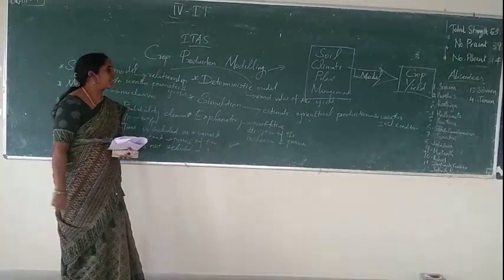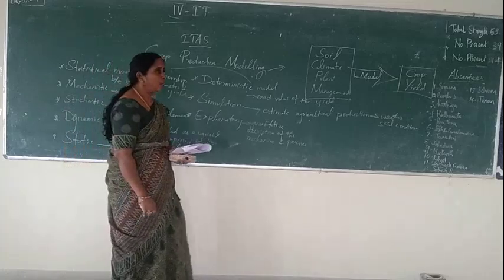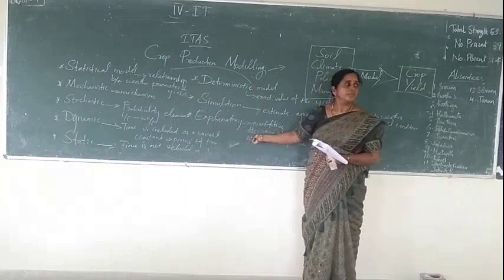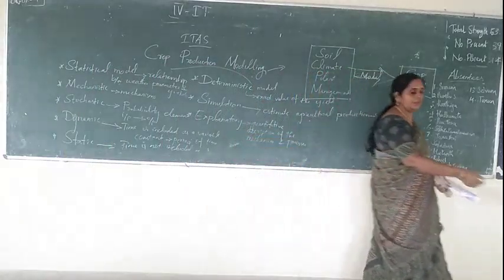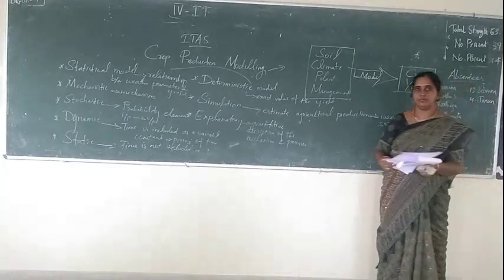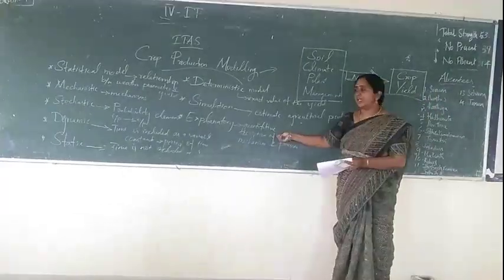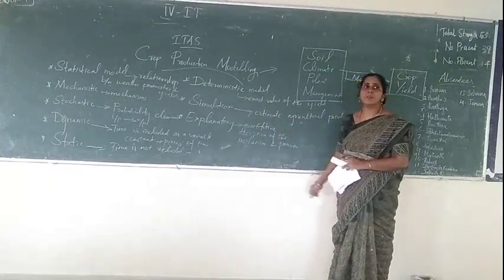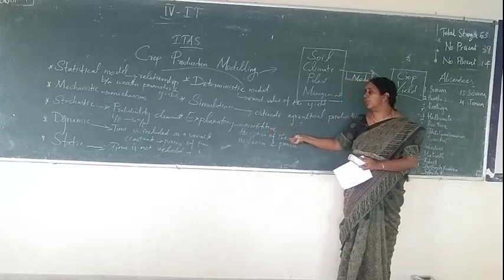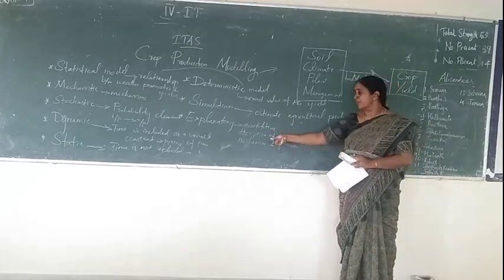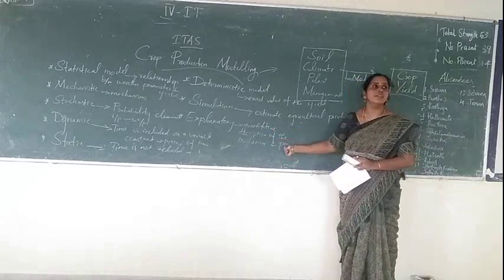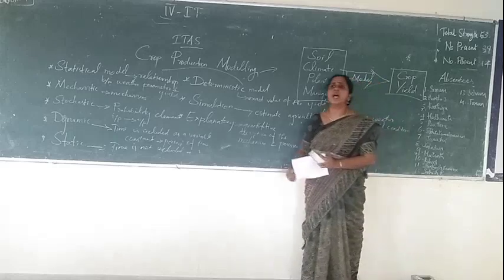The last model is the explanatory model. The explanatory model specifies the quantitative description of the mechanisms and the processes that are involved in the planting process.